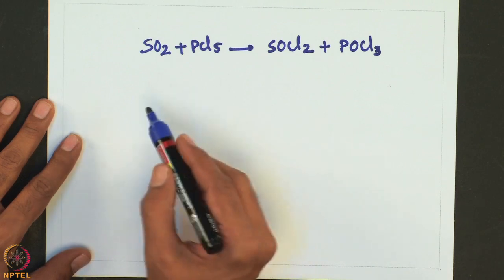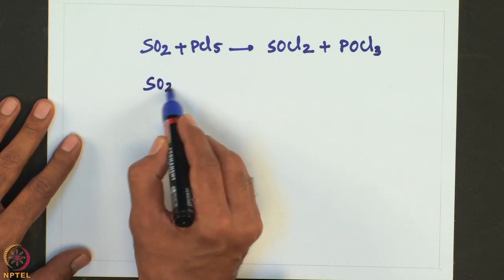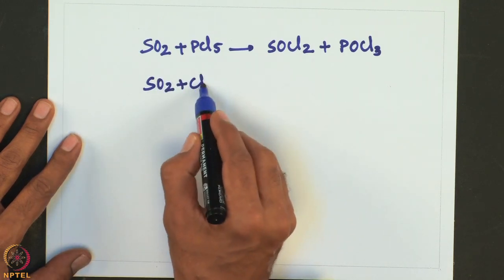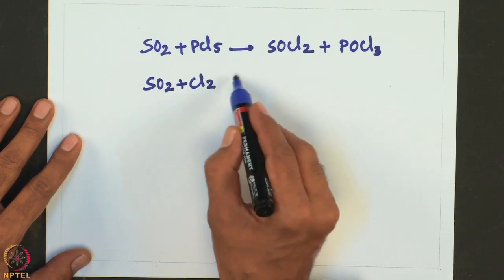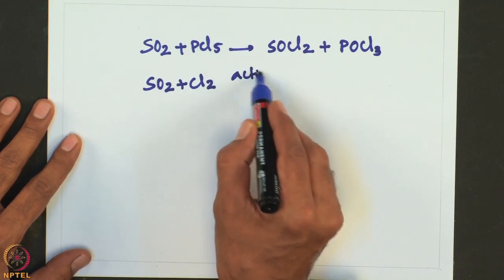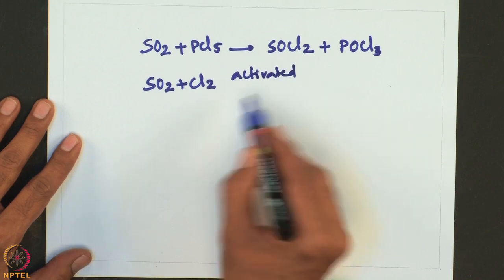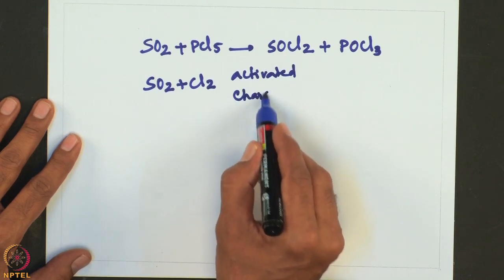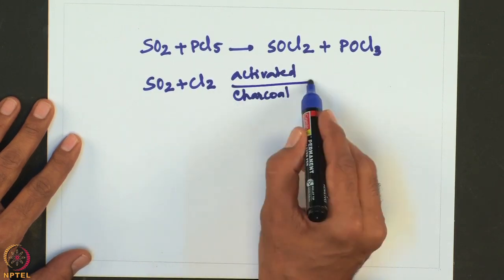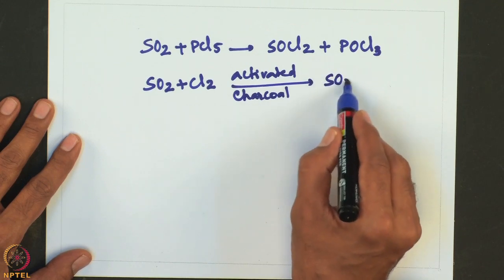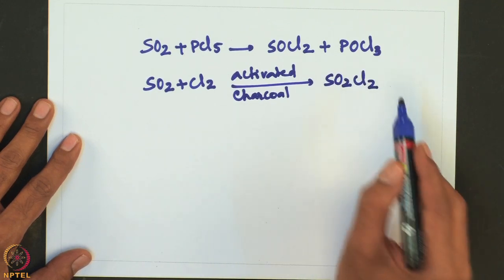And when SO2 is treated with chlorine gas using activated charcoal, SO2Cl2 or sulfuryl chloride is formed.